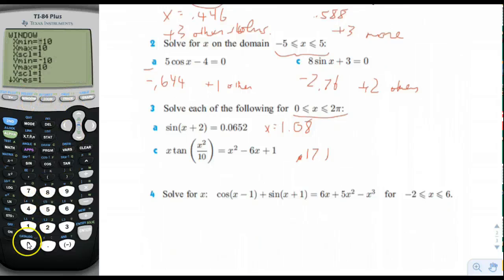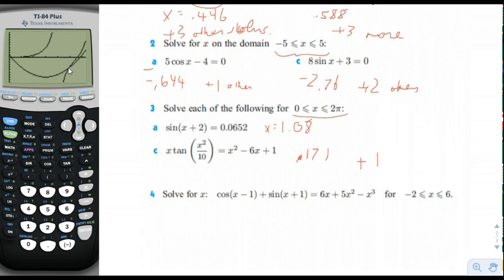We can say, I want to see just between 0 and 2 pi, which is 0 to 6.28, or we could put 2 pi. There's the quadratic. Yeah, so there's one here and there's one here, right? So there's at least one other one. There might be more. Well, I guess the others are off the screen, so that doesn't count.